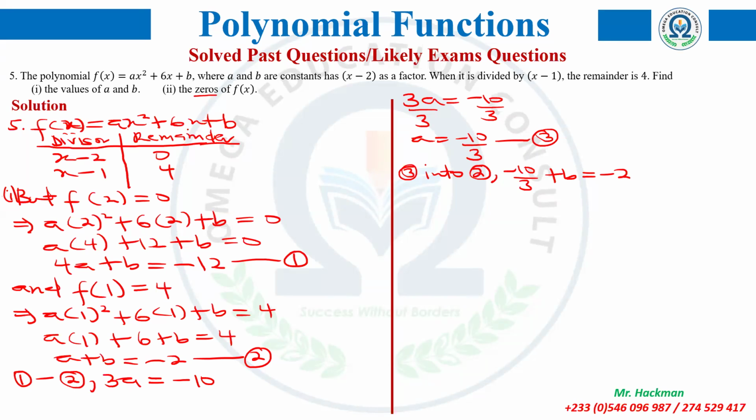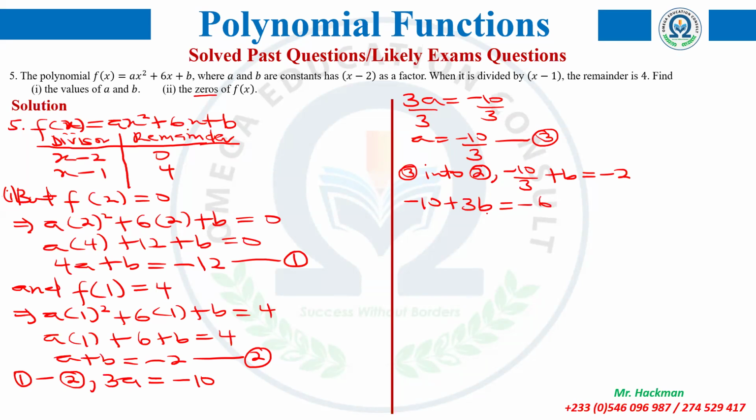Because one of the sides contains more than a term, you can do your multiplication by clearing the fraction, which is the LCM, mentally. So this one times 3, the 3 will go, so I will get minus 10. This one times 3 will give me plus 3b. This one times 3 will give me minus 6. I hope you are following, my professors. Yes.